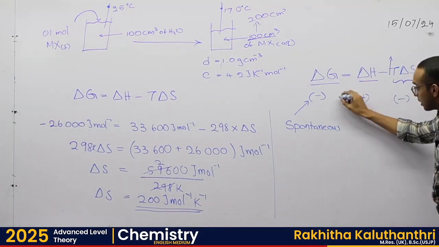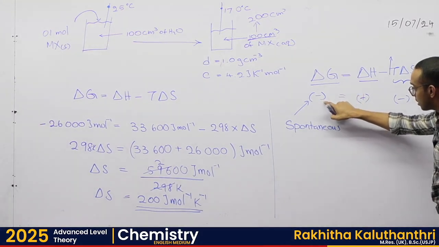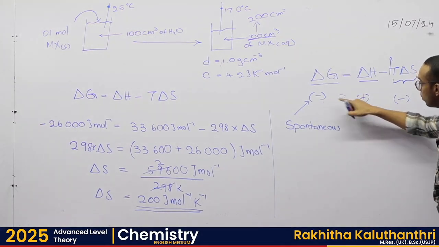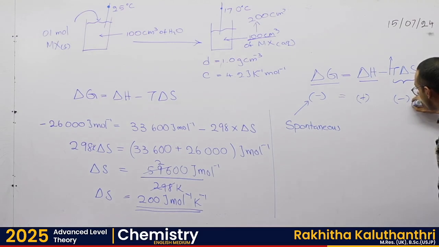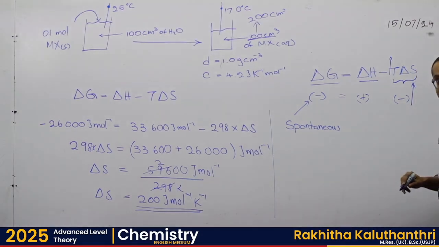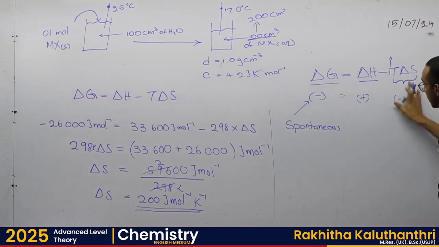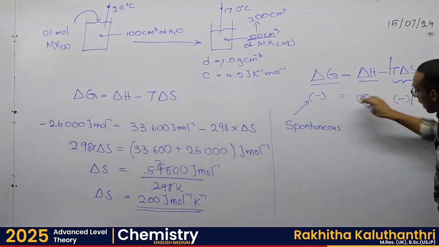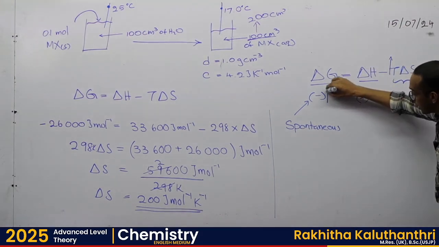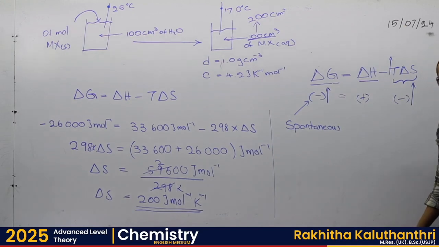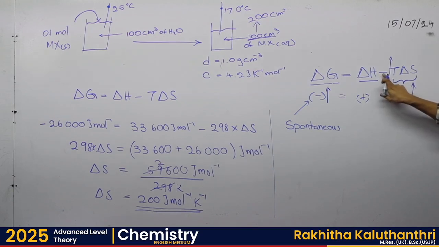Is that clear? Now imagine, for delta G to be a large negative value, we have this negative value over here increasing, isn't it? So when the overall negative value in the equation is increasing on this side, as a result the delta G value decreases. Is that understood? So as the temperature increases, this entire negative value grows, because this is negative and delta S was positive.